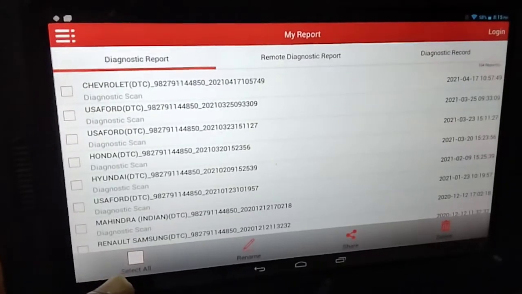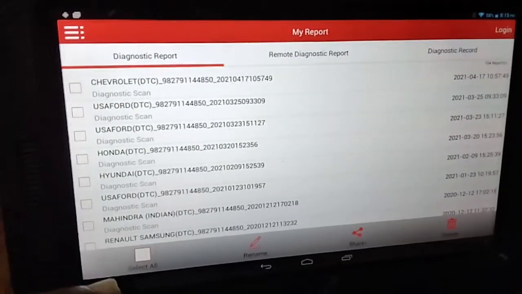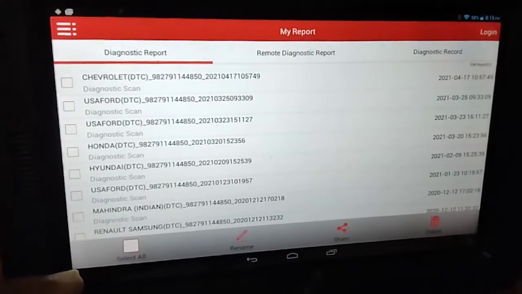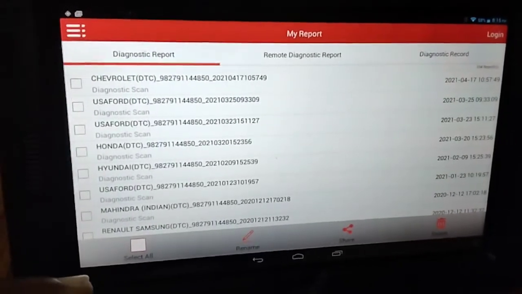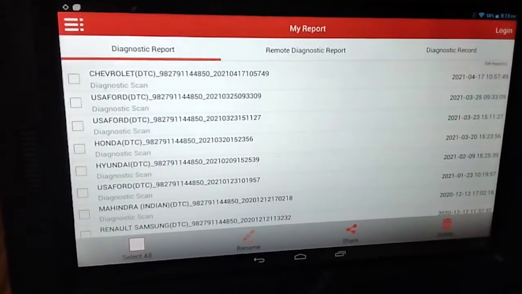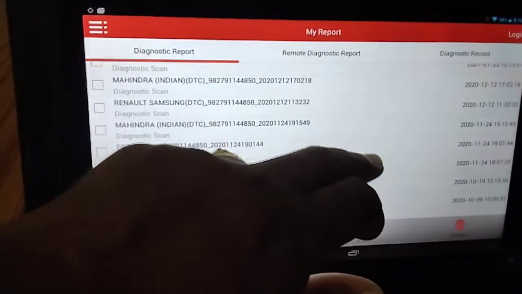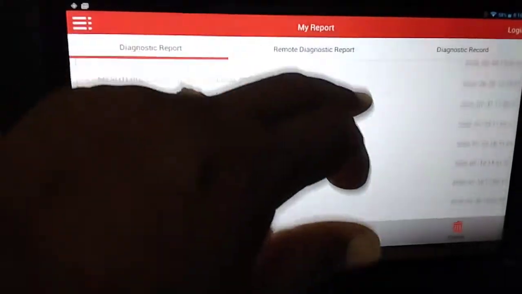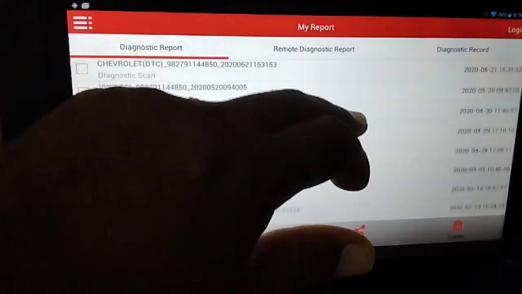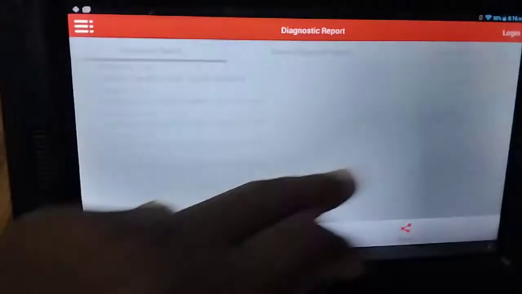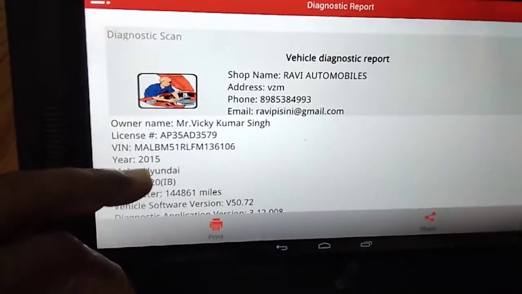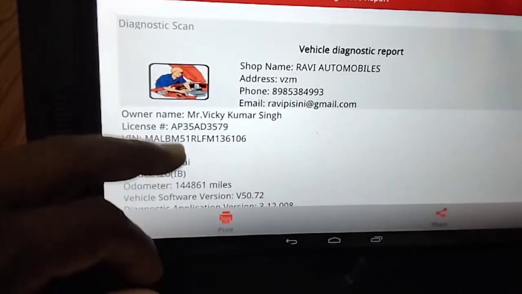I'm trying to pick up the file from a long time back, I think it was March or April 2020. So this was on a Hyundai car. Yes, here is the file.